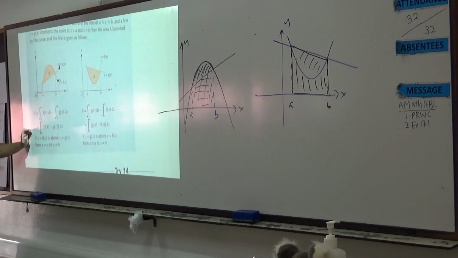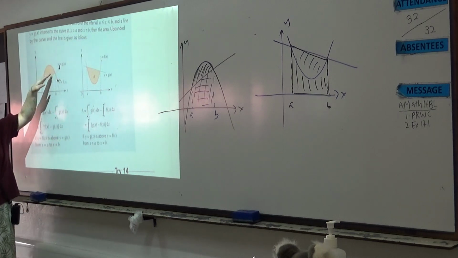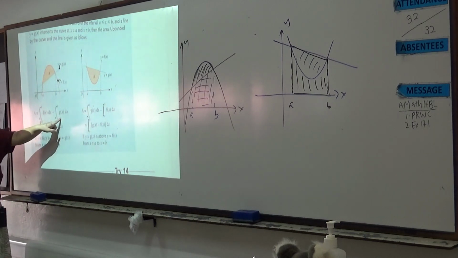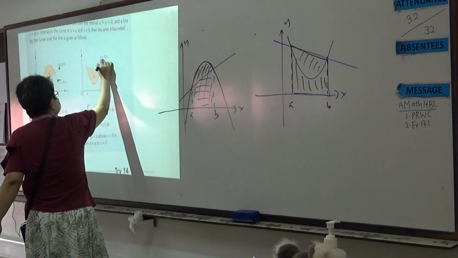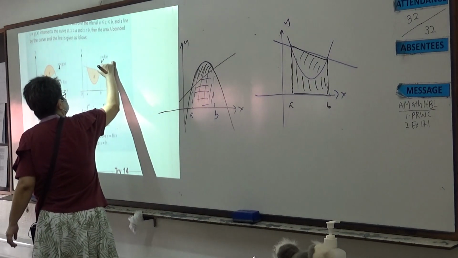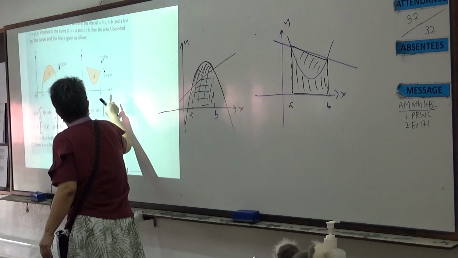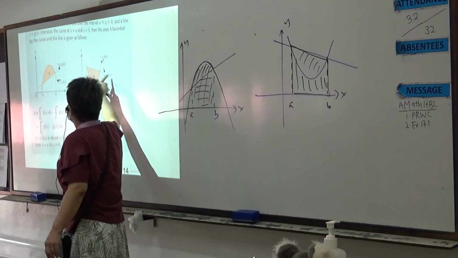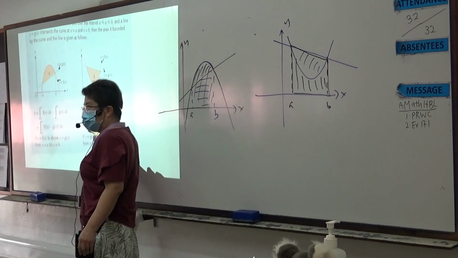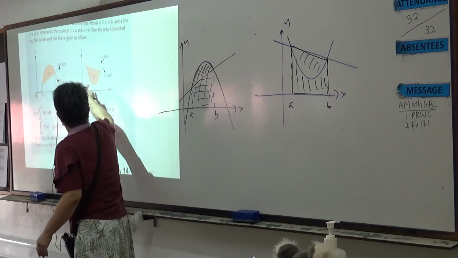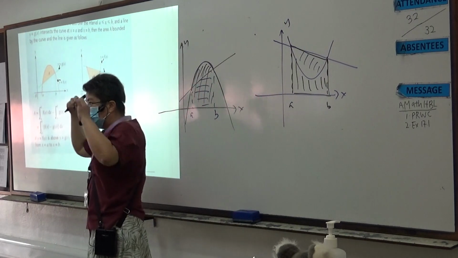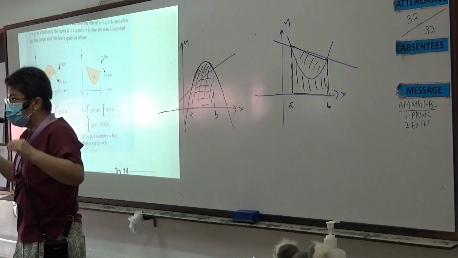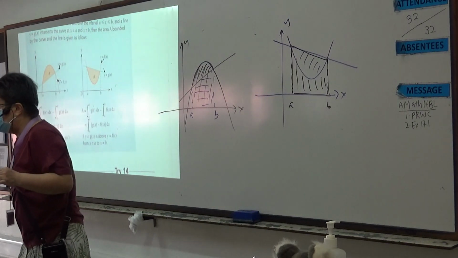So I must take the curve minus the line, so it's f(x) minus g(x), then from A to B. Now if you look at this one, this one is the curve and this one is the line. So I must take g(x), that means the line, minus the curve f(x). So you must know which one minus which one. Cannot confuse.